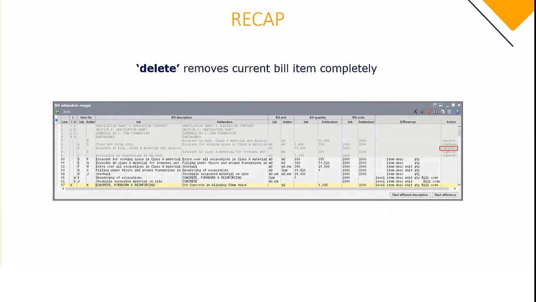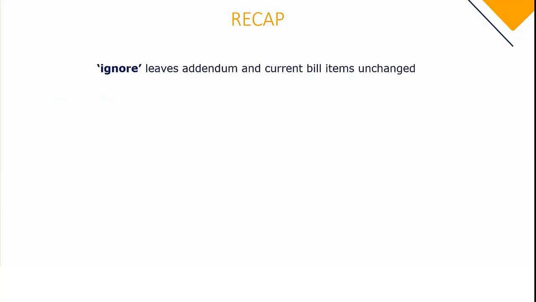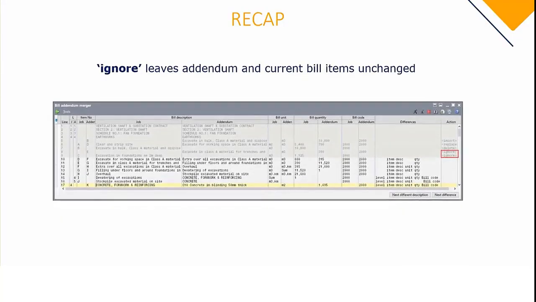If the action is to delete the job bill item, then the item will be removed completely from the job. If the action is to ignore, in the actions column, the job or the addendum bill item, then those items are left unaltered and will not be affected by any changes when the bill is updated.